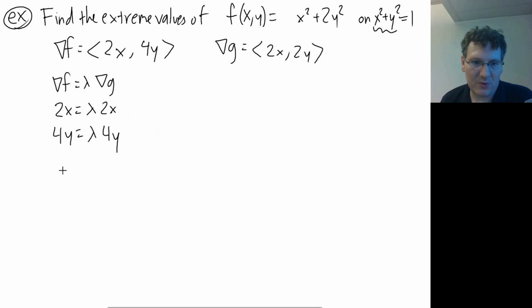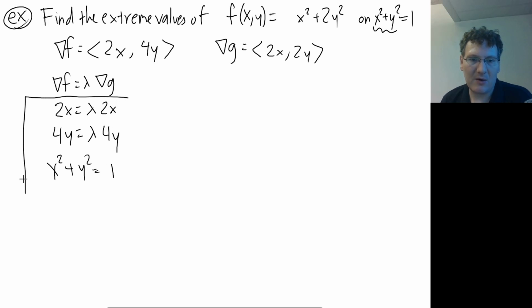And then, of course, the other equation is x squared plus y squared equals 1. Now, we notice right away that this first equation gives us either lambda equals 1 or x equals 0. That's the only two ways that first equation is going to be true.